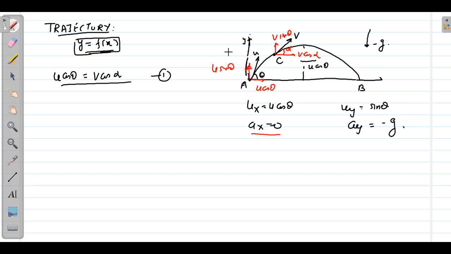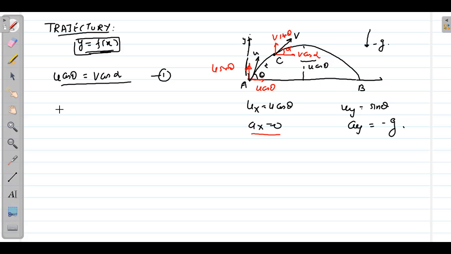So we can find v sin alpha using the equation of motion. Let it take time t to reach from A to C, any arbitrary time.